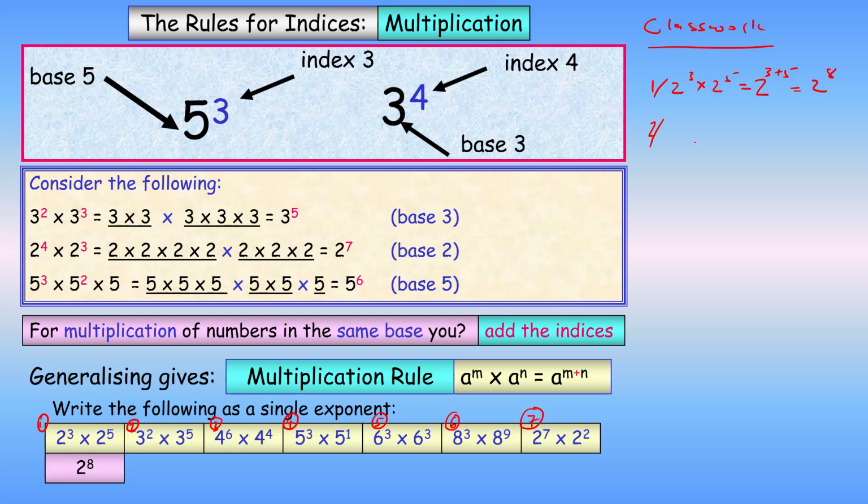Number 2, you should have 3 squared times 3 to the power of 5. Okay, off you go. So hit pause and finish those questions off.